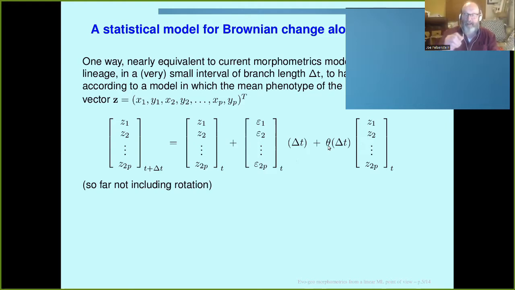Suppose there is a size random variable for the change in size. And it's going to multiply the current form, basically moving everybody out or in from the centroid by an amount which is also a random variable. We'll come to rotation in a moment. This is just a form evolving up a tree on a single branch or a single path all the way up to a tip. We're leaving out the rest of the tree for the moment.